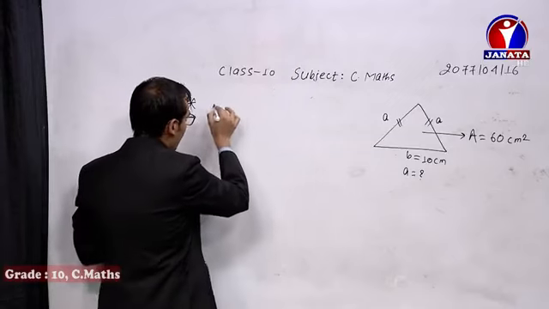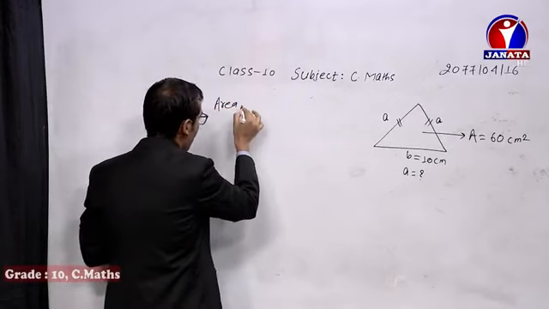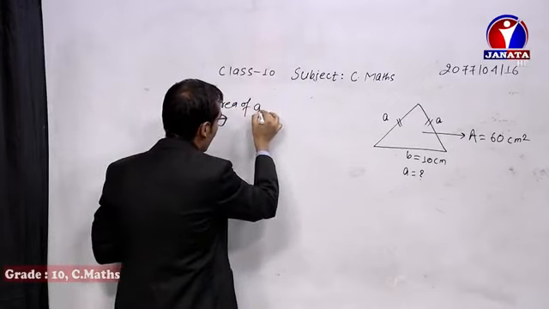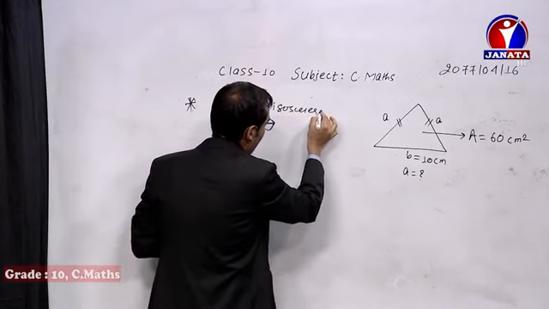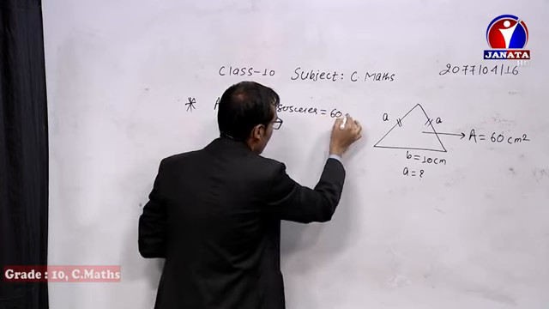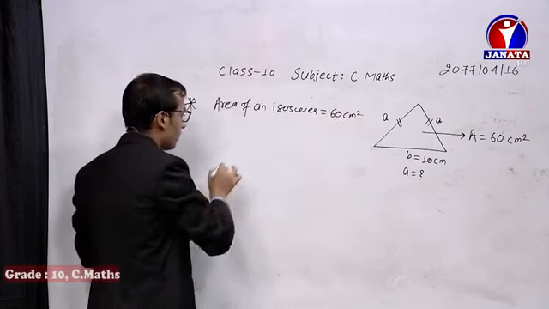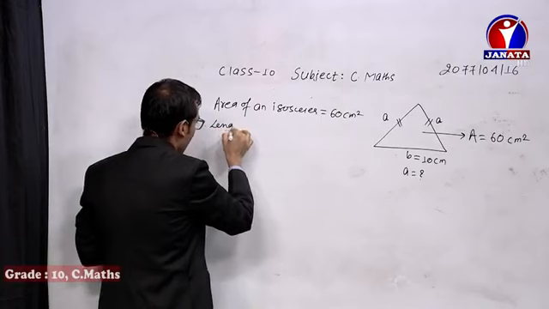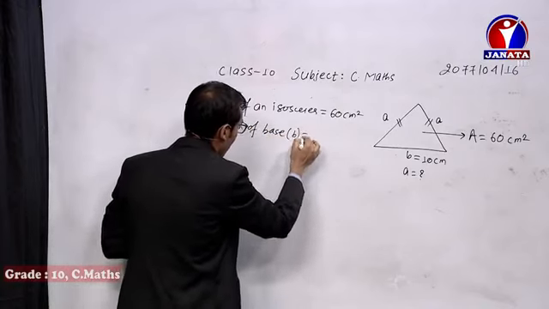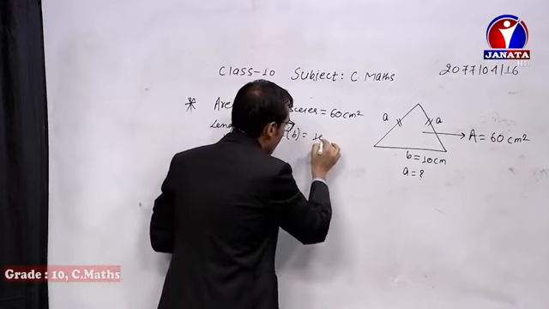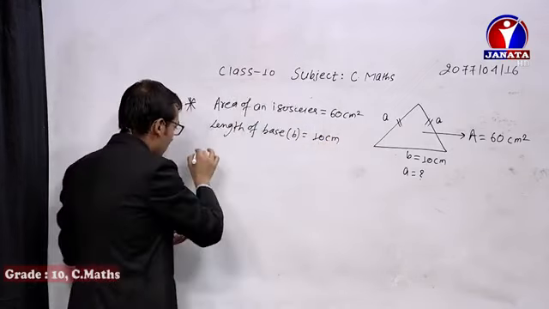Let me write the given information. The area of an isosceles triangle is 60 square centimeter. The length of the base, which we denote by b, is 10 centimeter.